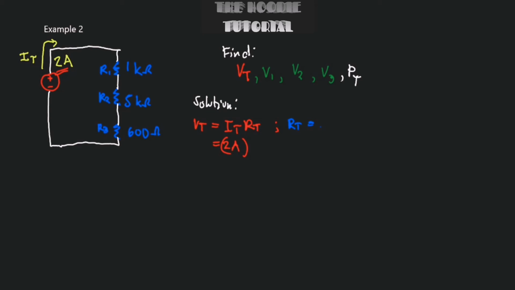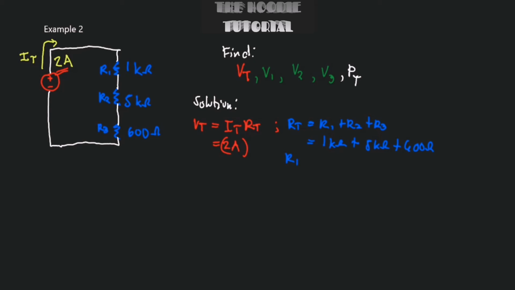So let's put RT right here. That is equal to R1 plus R2 plus R3, since we have 3 resistors in series. So R1 is 1 kilo ohm plus R2 is 5 kilo ohms. R3 is 600 ohms.